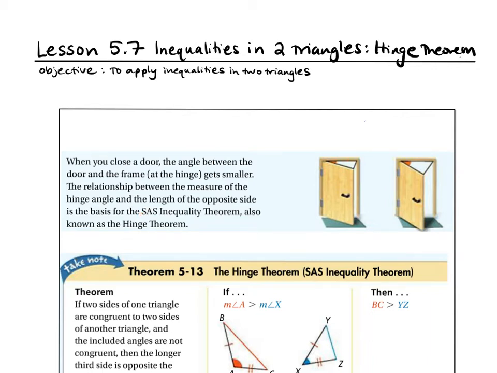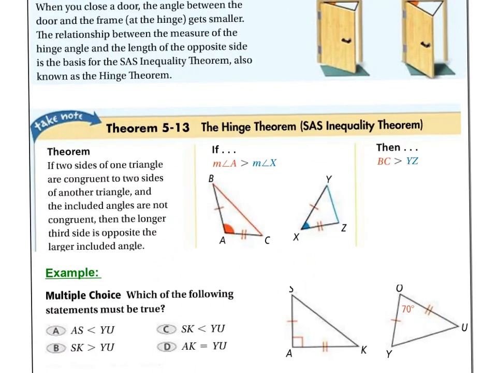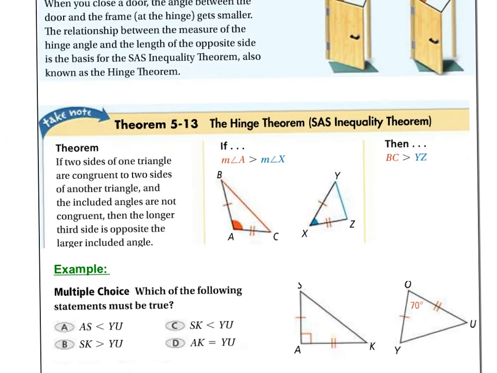So that's what this Hinge theorem states, that if two sides of one triangle are congruent to two sides of another triangle, and the included angles are not congruent, then the longer third side is opposite the larger included angle. Right, so in this case we have side angle side, side angle side, and these two angles are not the same, right?